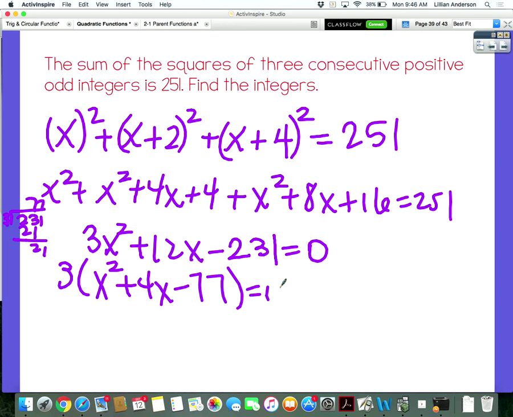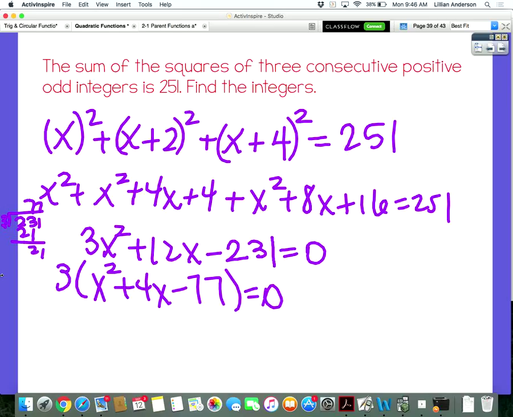And having done this, you would have been able to recognize that two numbers that multiply to give you a negative 77 that add to give you 4 are 11 and negative 7, making this a lot easier than trying to do quadratic formula and trying to take the square root of a big number when you know how to factor.